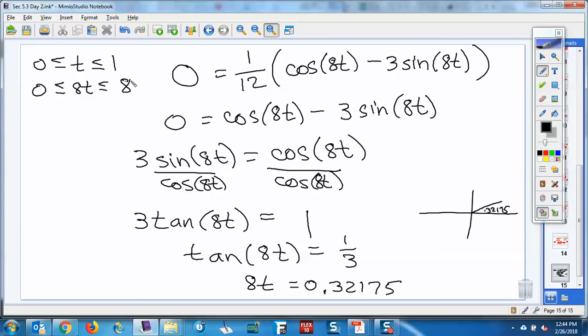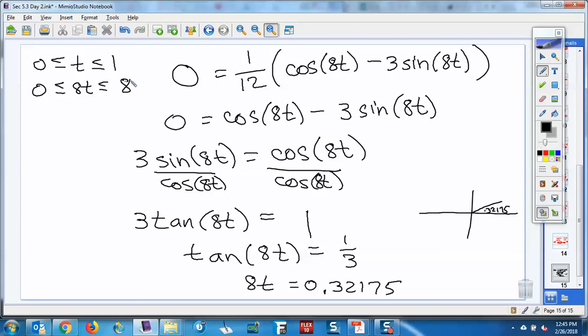Remember, pi is 3.14, 2 pi is 6.28, so one time around would be 6.28. Pi halves is 1.57. What's 6.28 plus 1.57? 7.8. So isn't it going to be one time around plus here plus just a tiny bit?